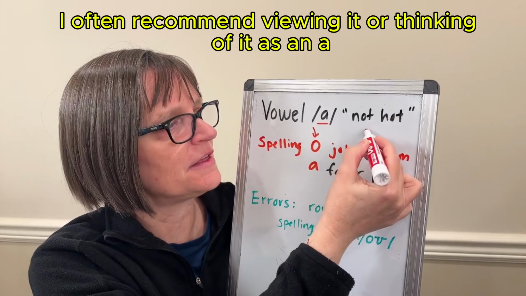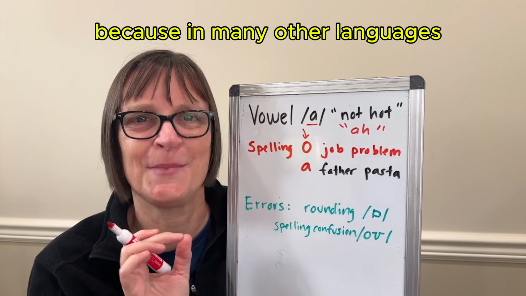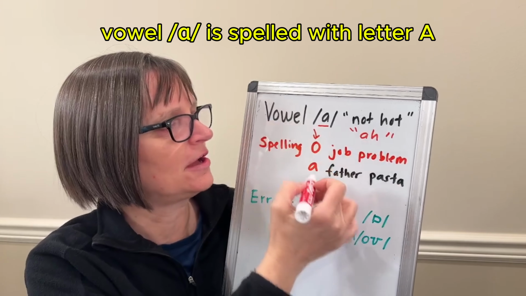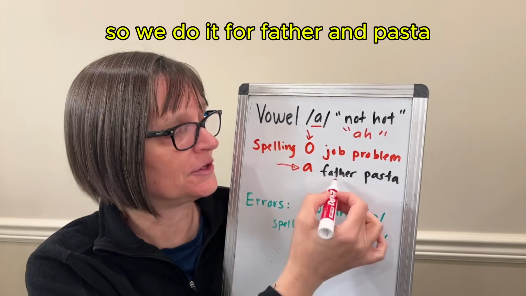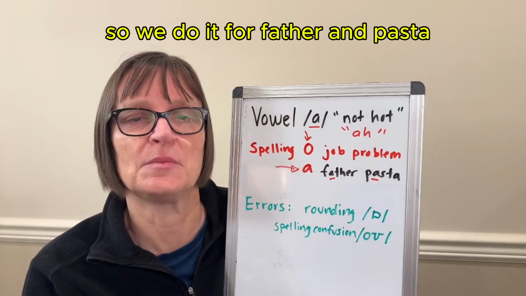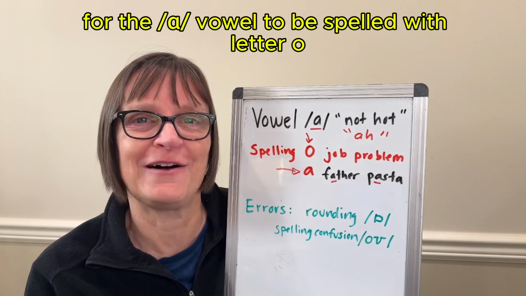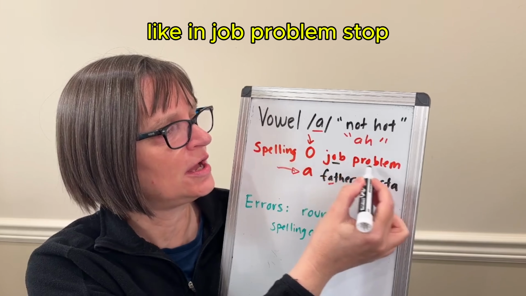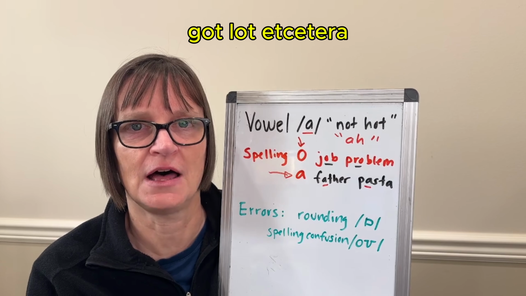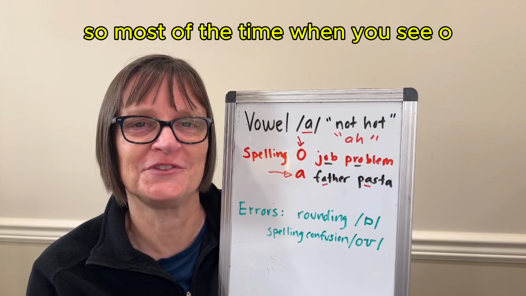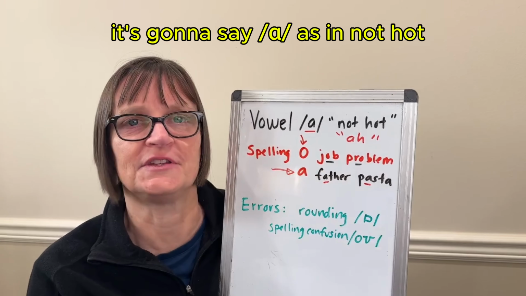I often recommend viewing it or thinking of it as an A or an AH sound, because in many other languages, vowel ah is spelled with letter A. In English, this is actually a more rare spelling, so we do it for father and pasta, but it's much more typical in English for the ah vowel to be spelled with letter O, like in job, problem, stop, got, lot, etc. So most of the time when you see O, if it doesn't say O as in no snow, it's going to say ah as in not hot.